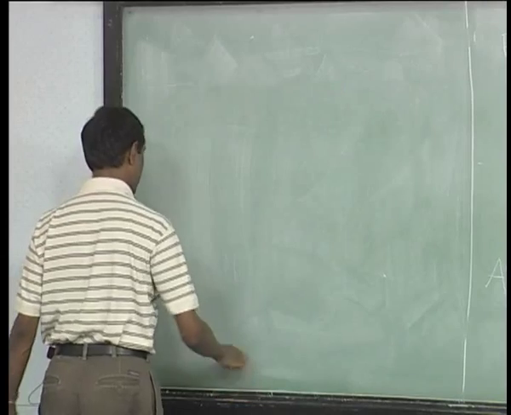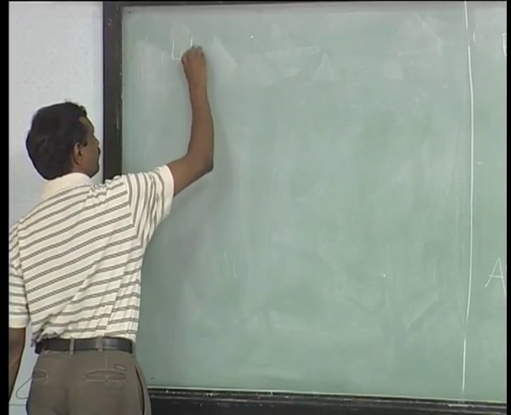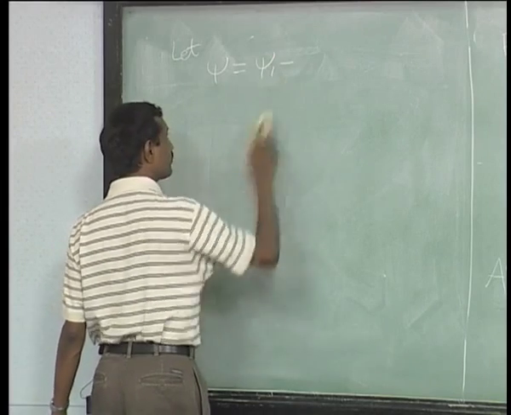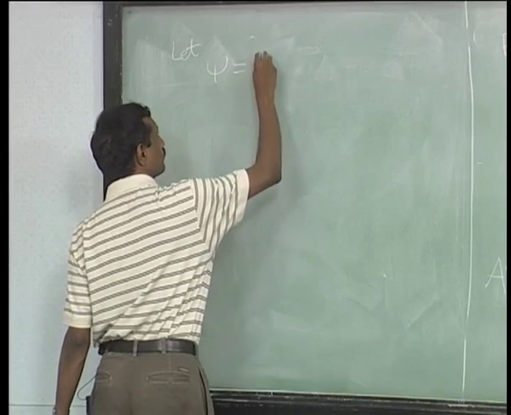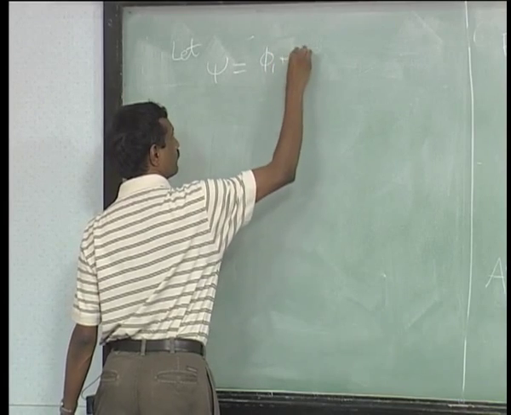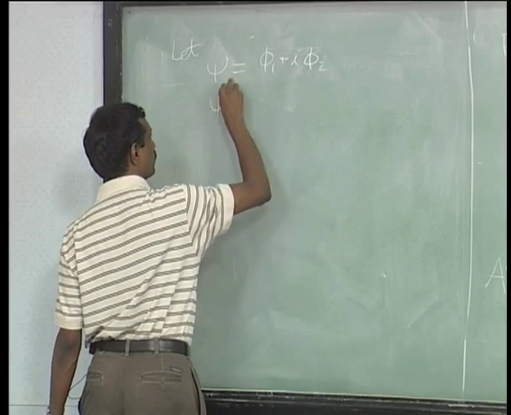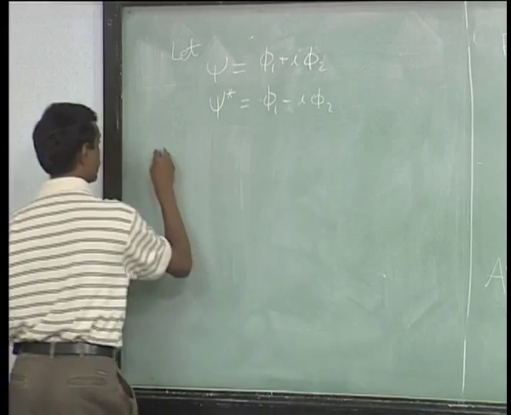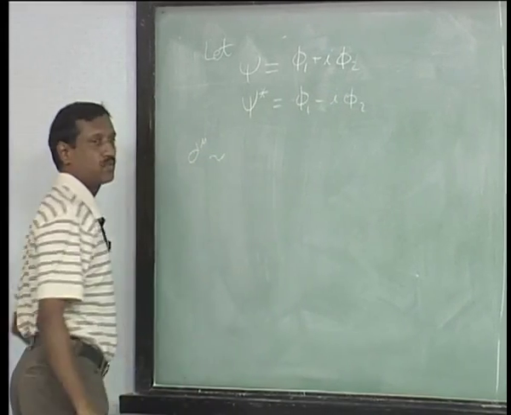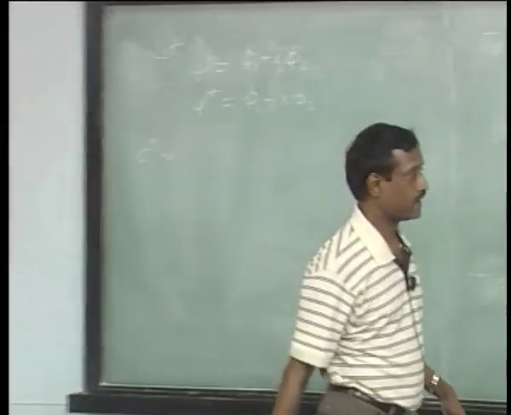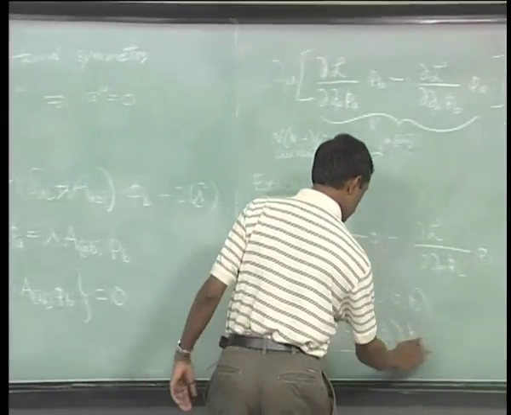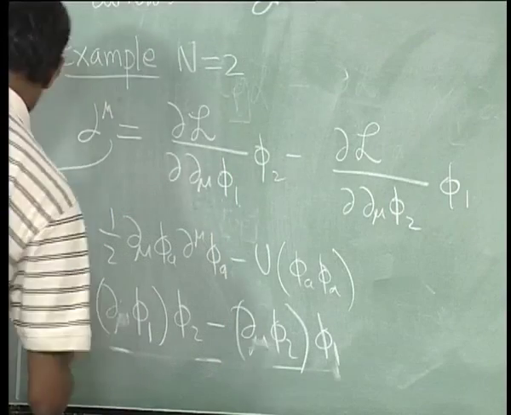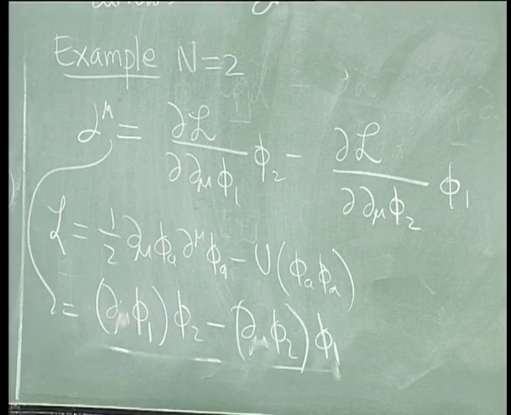Let us just define phi equal to phi 1 plus i phi 2, up to some factor.